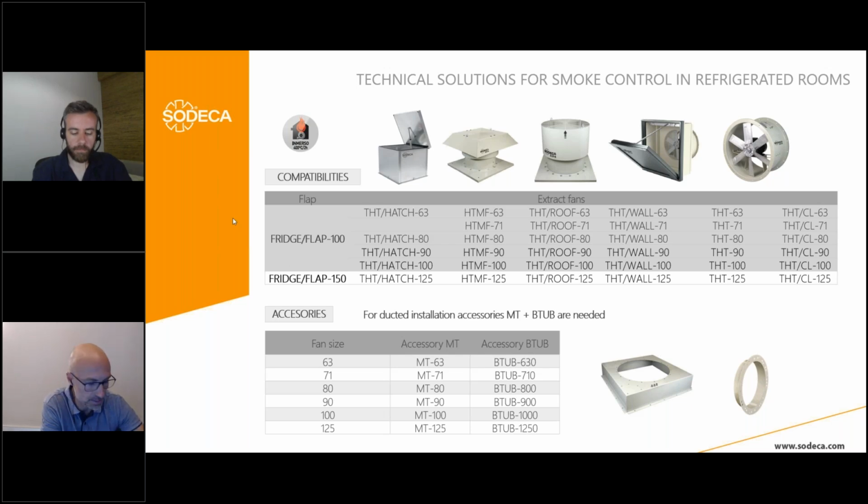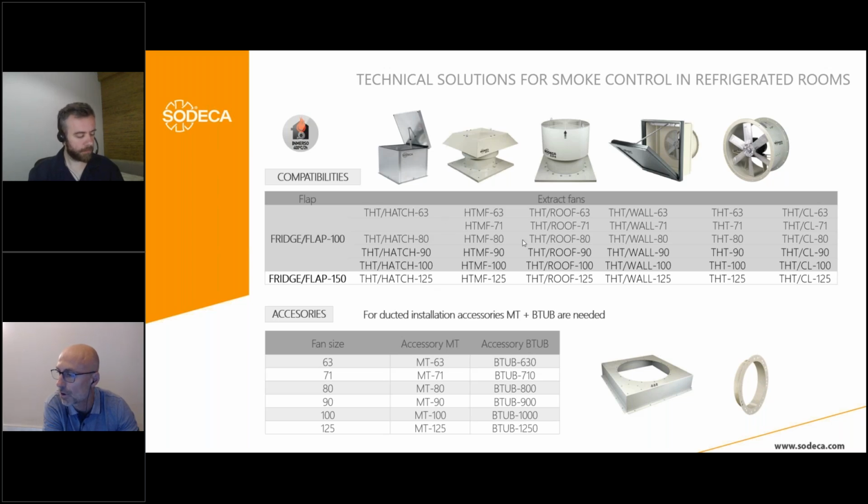Finally, here we can see the compatibilities. The fridge flap 100 can go with fans from diameter 63 to diameter 100. And the fridge flap 150 can go with fans of diameter 125.